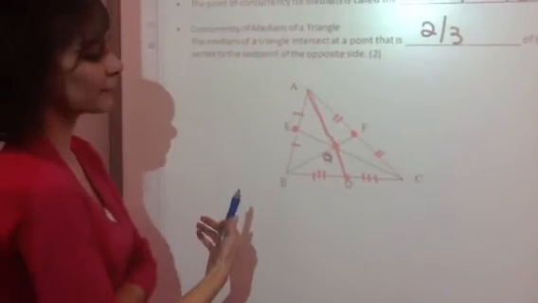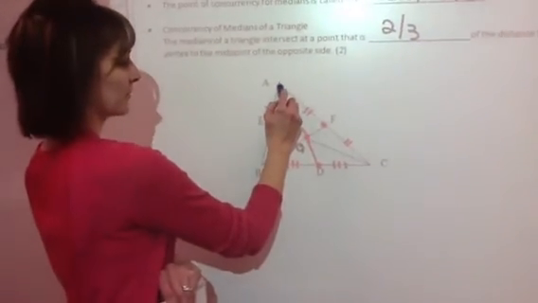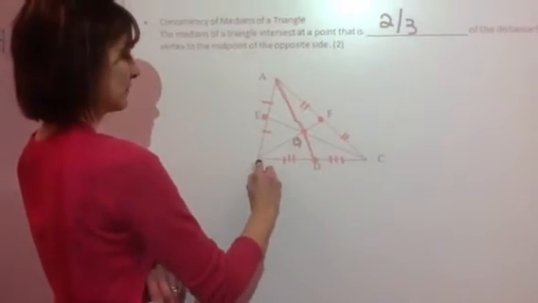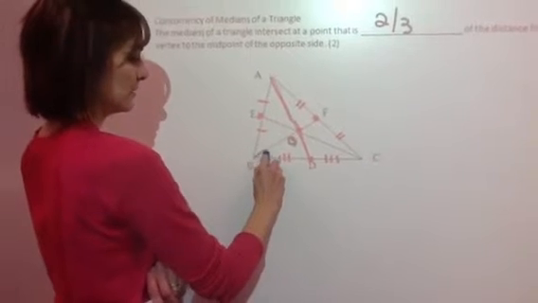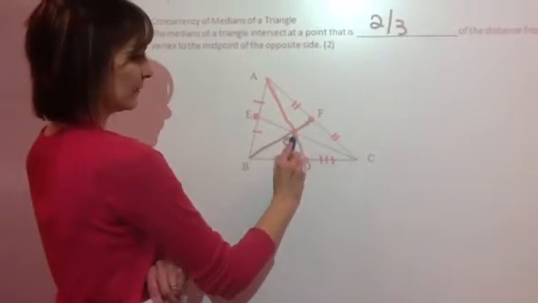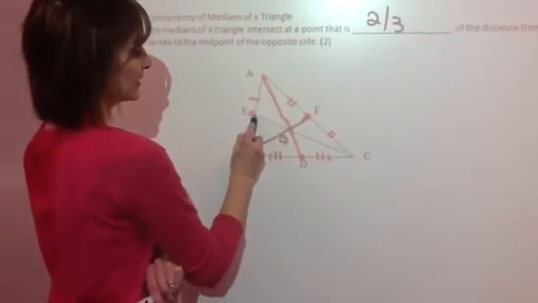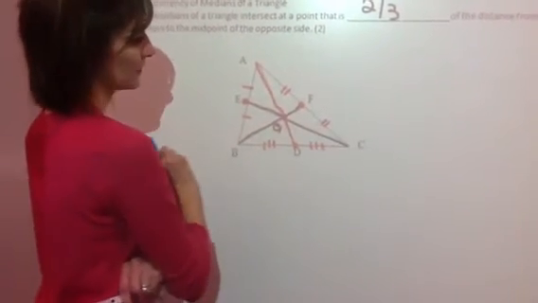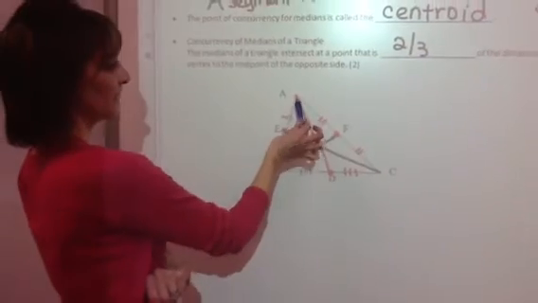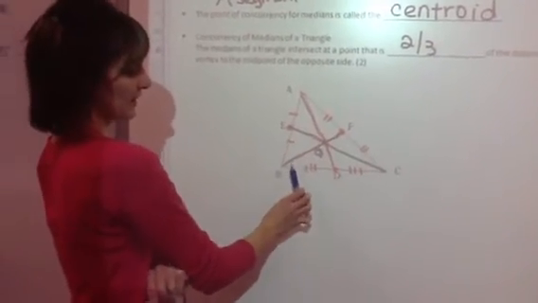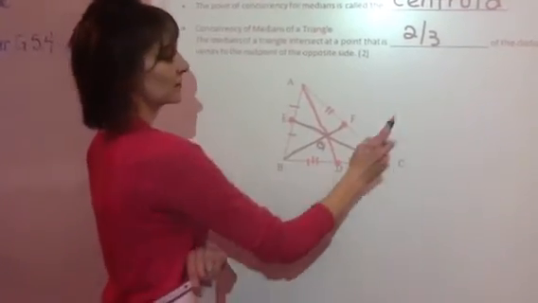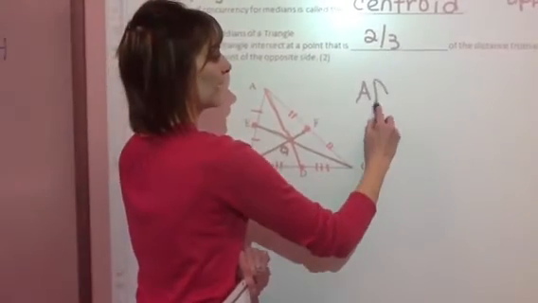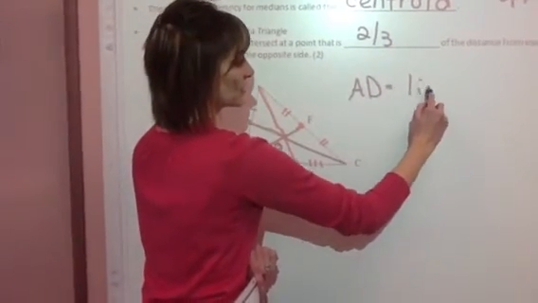Now you'll always have 3 medians. The median from A to D, the median connecting B to F, and the median connecting C to E. Now, we said that A to G is 2/3 of the entire length. So let's say that the length from A to D is 1 inch.